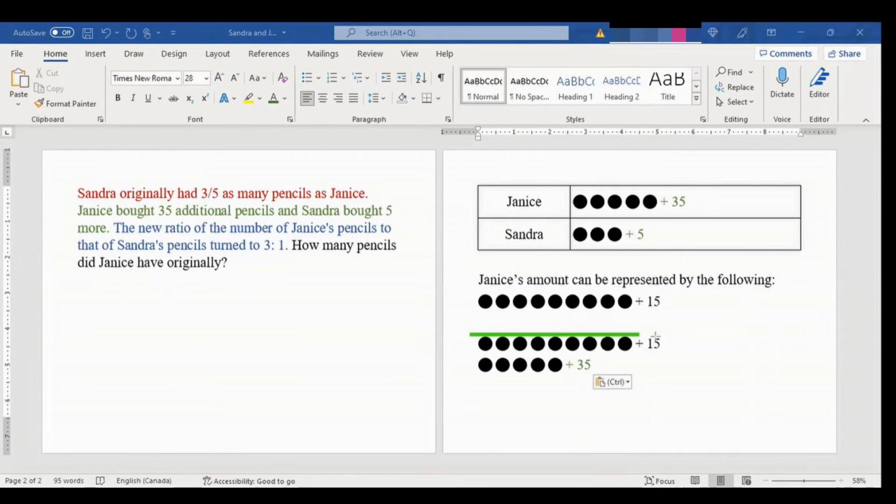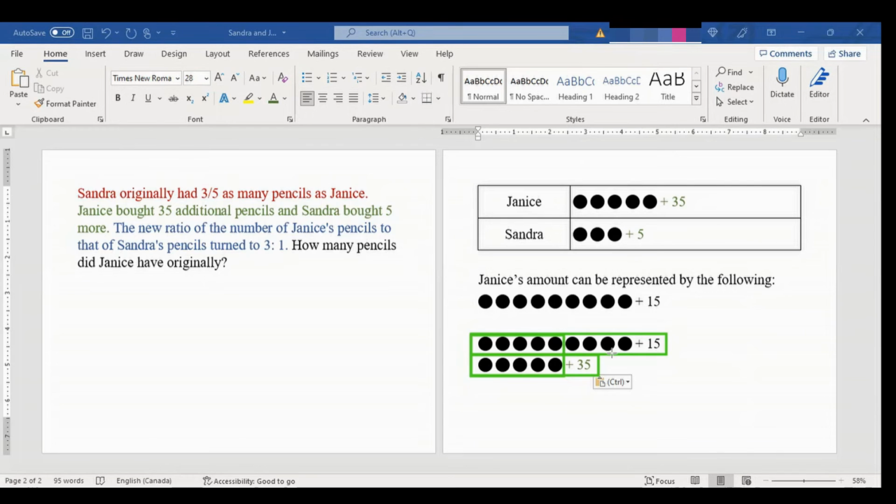Both of these are Janice's amounts, but they both have 5 circles in common. The only difference is this one has 4 circles plus 15, while this one only has a plus 35. So we want to know how many pencils those 4 circles represent.